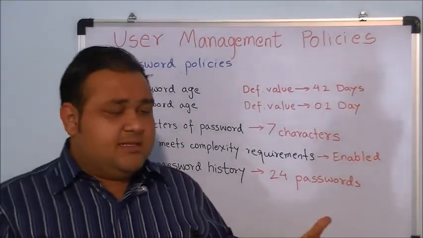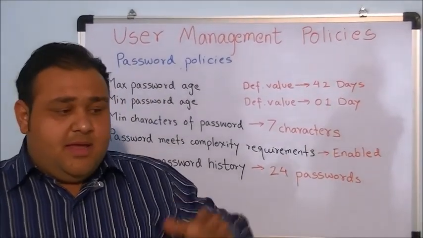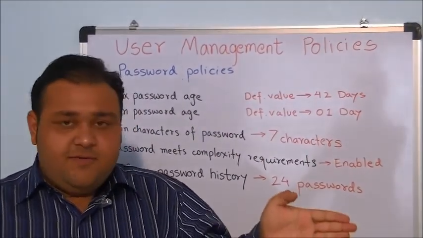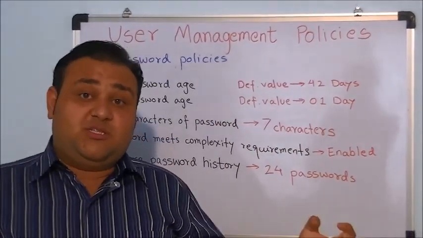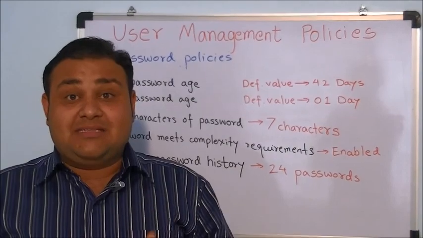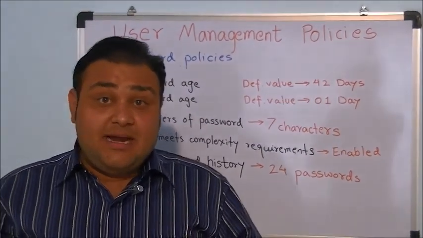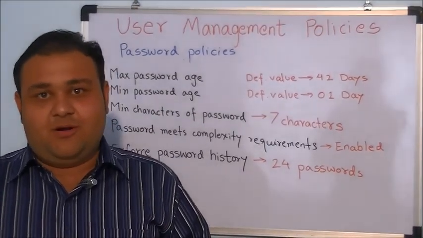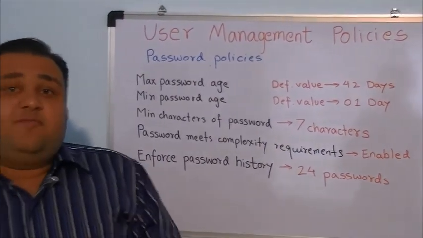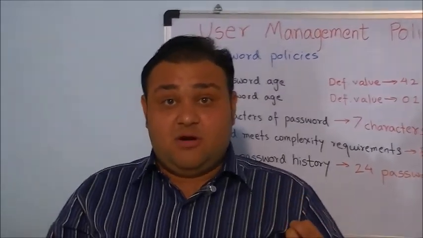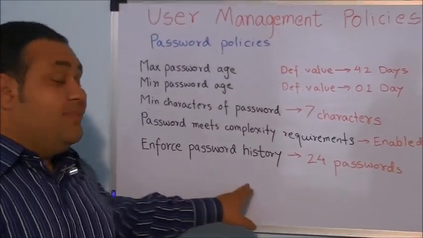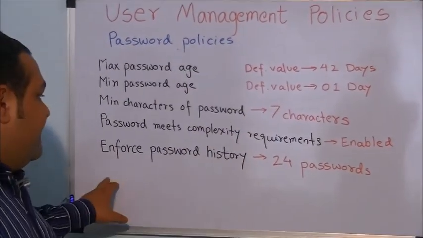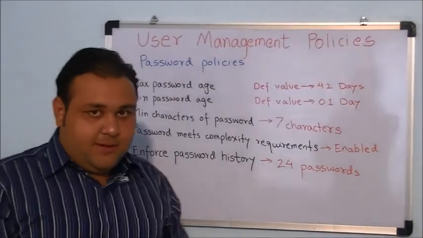If he has been in the network for a long time, then he must have used different passwords over that time. All the old passwords which that user has ever used are listed and stored inside the server. But the number of passwords we want the server to keep track of is determined by this policy, that is enforce password history.